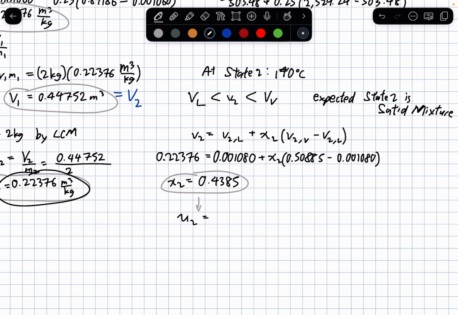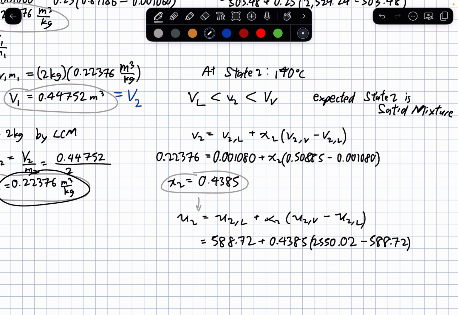U sub 2, no? U sub 2 is equal to U sub 2 liquid plus X sub 2 times the quantity U sub 2 vapor minus U sub 2 liquid. Okay, so also in the same page, page 776, besides specific volume is internal energy. That is what we're gonna write. So 588.72 plus 0.4385 times the quantity 2550.02 minus 588.72.